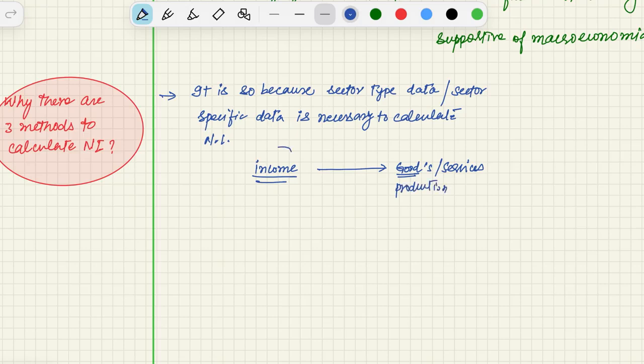Suppose this is an employee. Whatever income an employee is getting cannot be revealed by the amount invested in the manufacturing of a good.